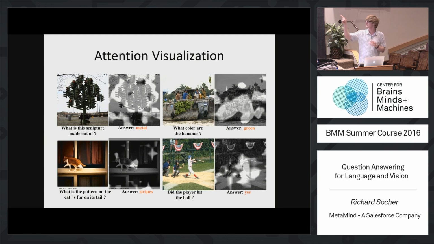And so I like the top right one here to disprove that worried assumption, which is, if you just looked at language and you asked what color are the bananas, it would just say yellow every time, but it actually pays attention to them and then says that they're green. And where I really thought it captured some actual patterns, and it isn't just super straightforward co-occurrence counting, is what is the pattern on the cat's fur on its tail, pays most of the attention to the tail and says stripes, and so on.